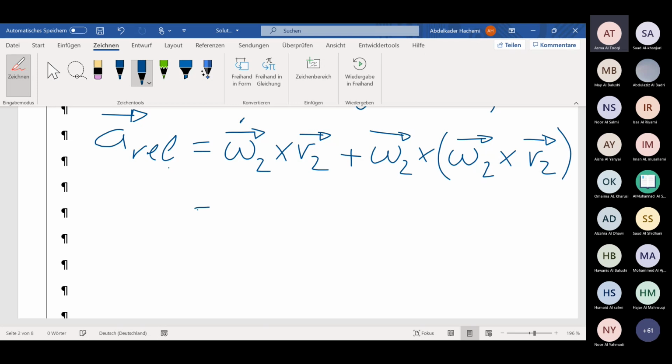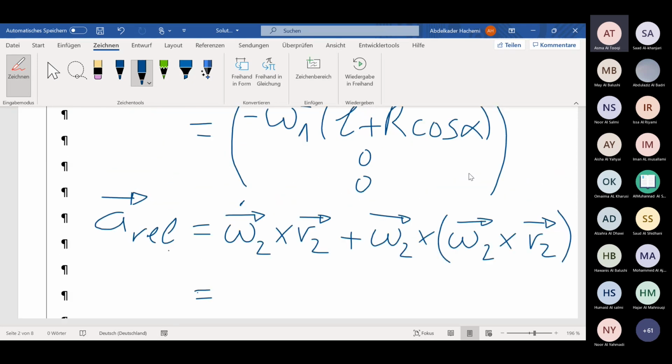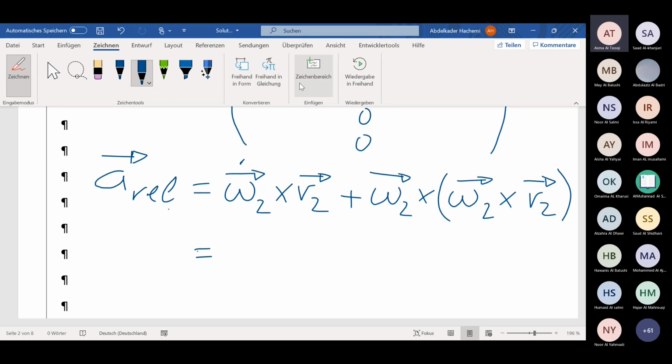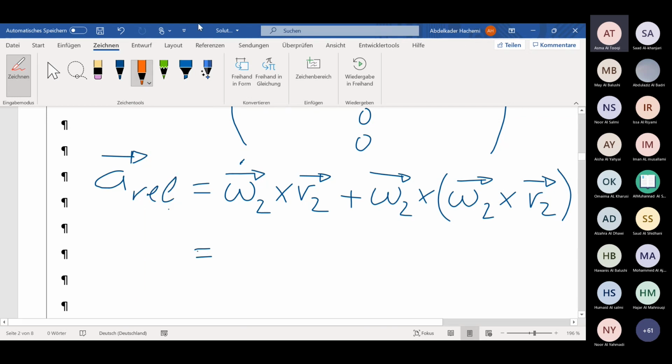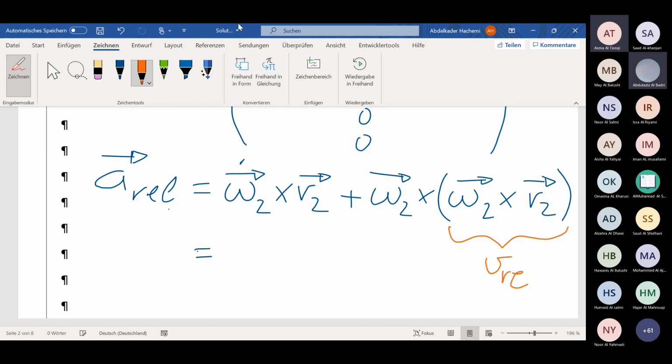Now, if I develop further, and before developing further, I have to make also the remark that here, as in the previous one, this term here is only V relative, okay?